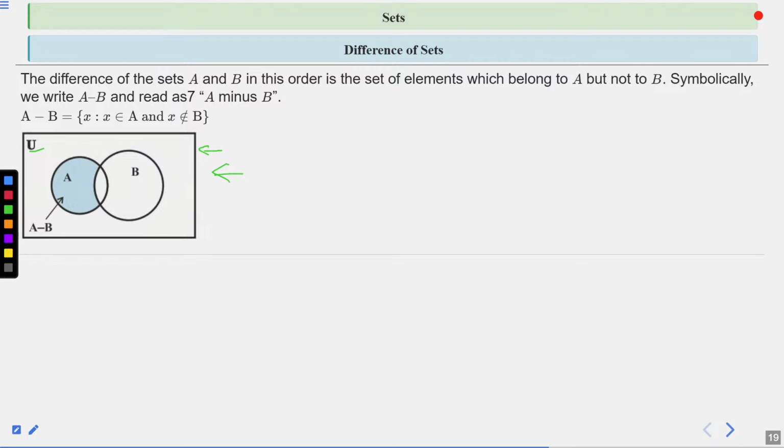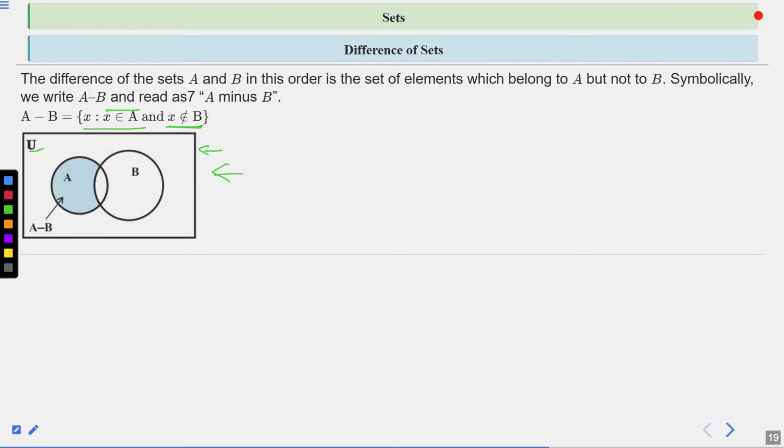We are collecting all the elements of A. Now we are collecting only those elements which belong to A and not to B. So we collect all elements from A and then remove all the elements which are common to A and B. Remove all these common elements, and eventually you will get the blue shaded part.